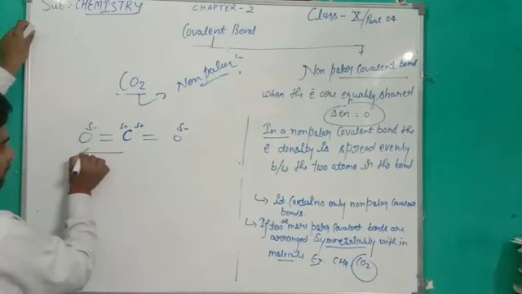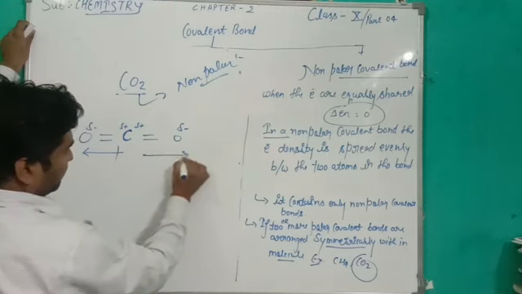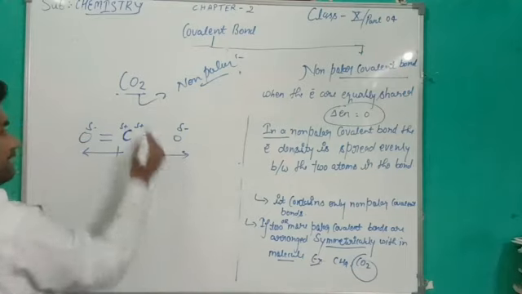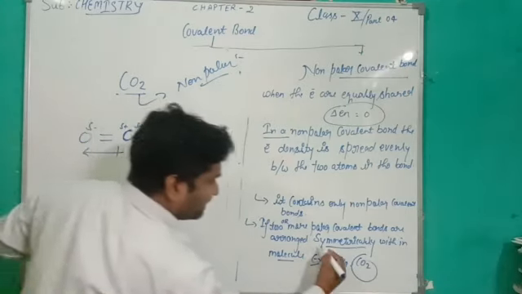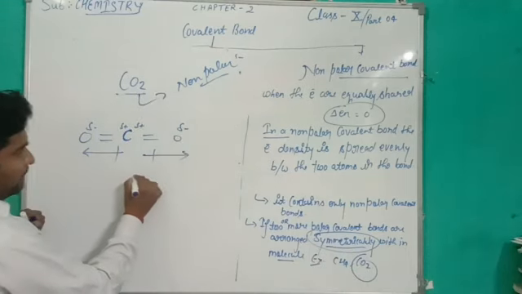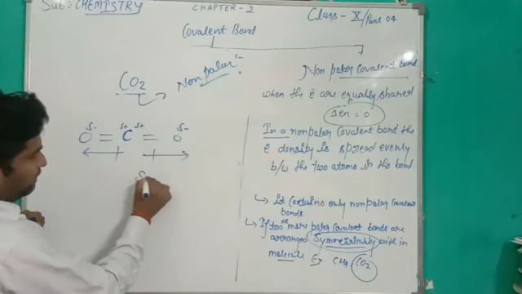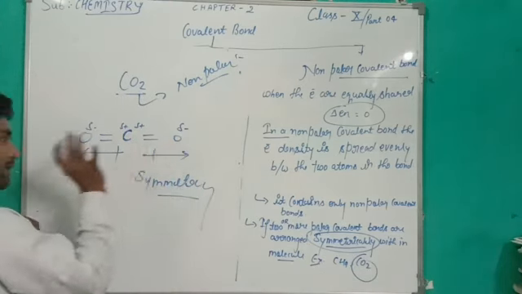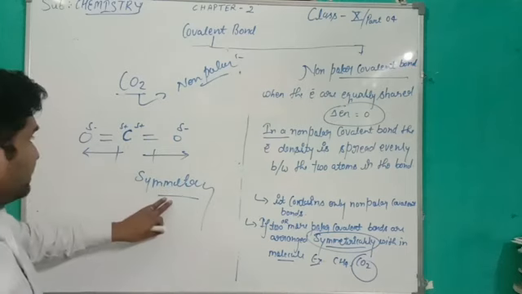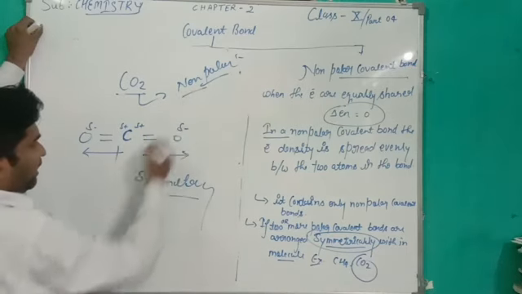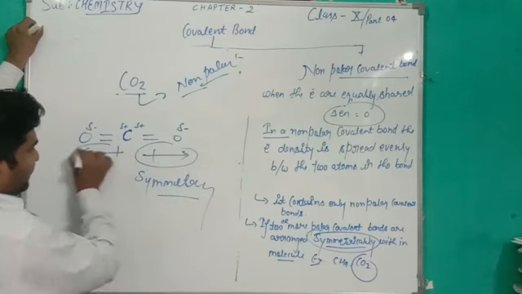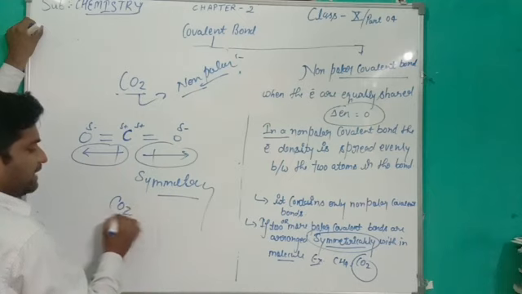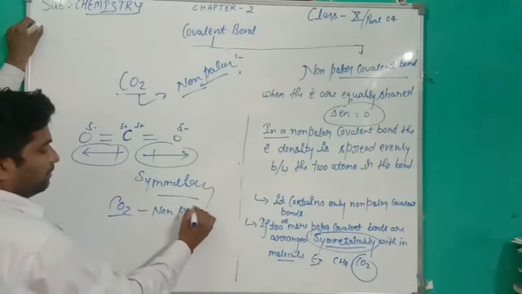The directions of the dipole moments are like this, in opposite directions, so this molecule shows symmetrical nature. This molecule has a plane of symmetry. Due to the symmetry, this polarity and this polarity cancel out each other. That is why carbon dioxide is a non-polar molecule.